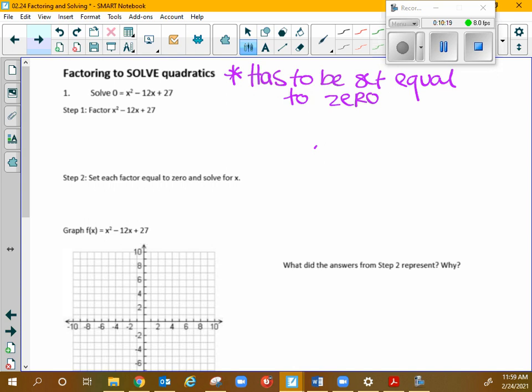In the case of number 1, obviously I've got the first one set equal to 0. You're going to factor the trinomial itself. So x squared minus 12x plus 27. My a value is 1. What's a times c? 27. I need factors of 27 that have a sum of what? Negative 12.